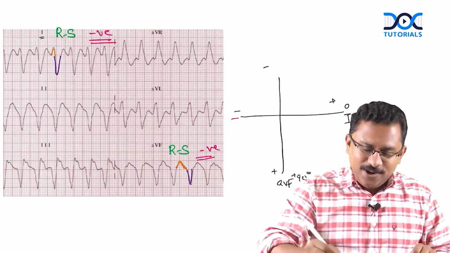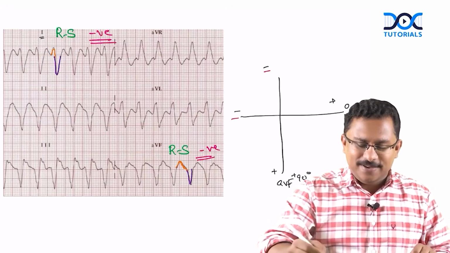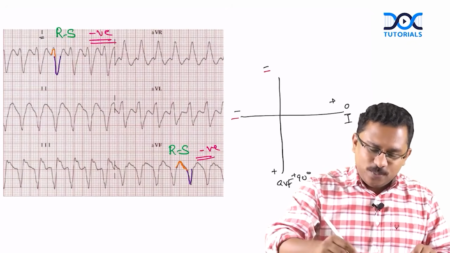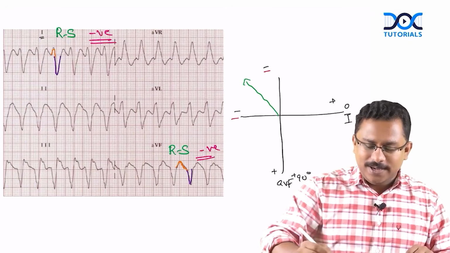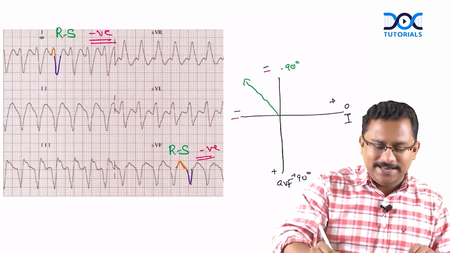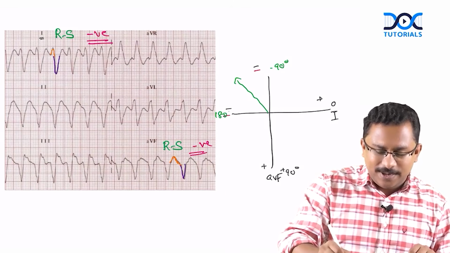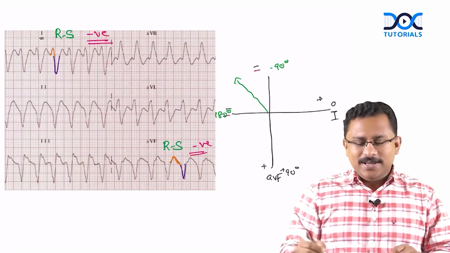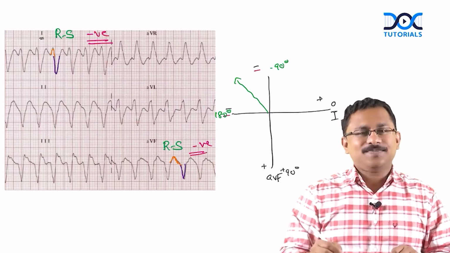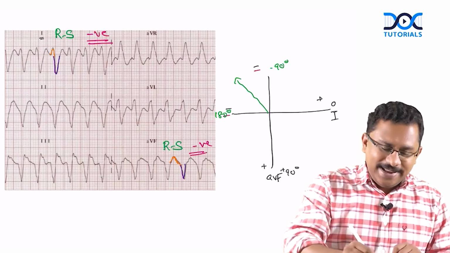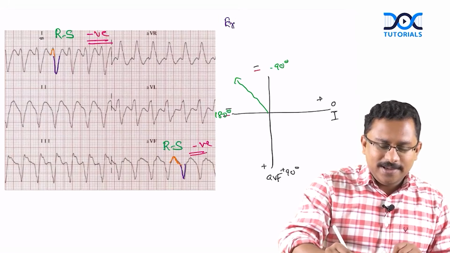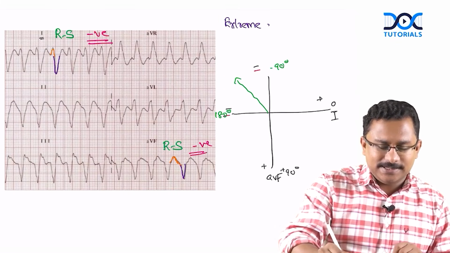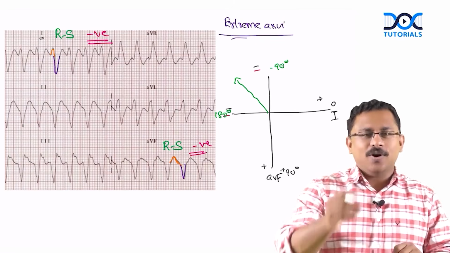So negative in lead 1 and negative in lead AVF, which means the net vector will fall in this quadrant, between minus 90 degree and 180 degree. That axis is called an extreme axis deviation. It goes to the northwest axis.